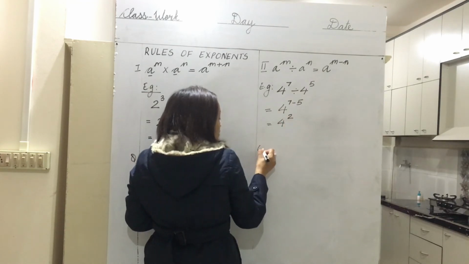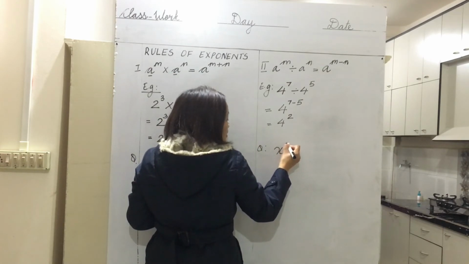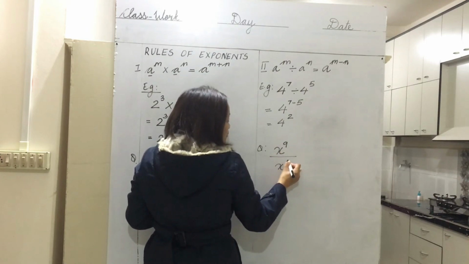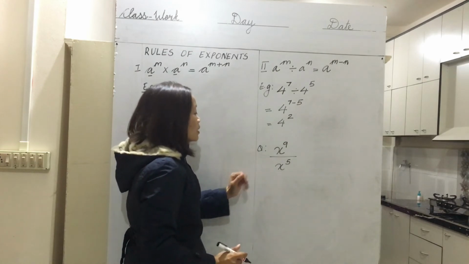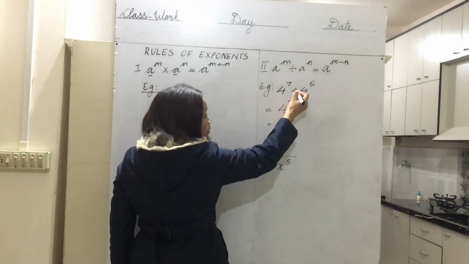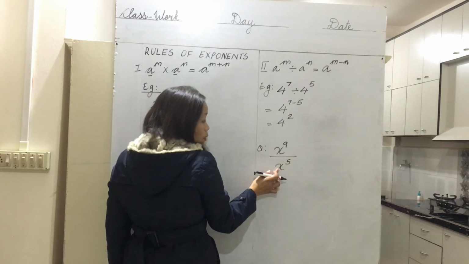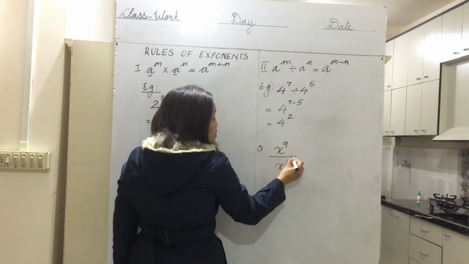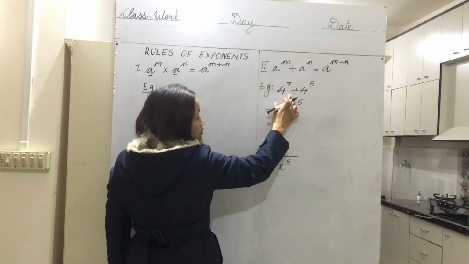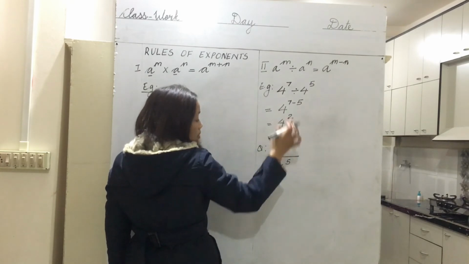And another example, sometimes we can have numbers like this. X to the power 9 divided by x to the power 5. See, remember in division, there could be two ways of writing division, with the usual division symbol like this, and when we have it in fractional form, this also means division, right? They look different, but they are still the same.